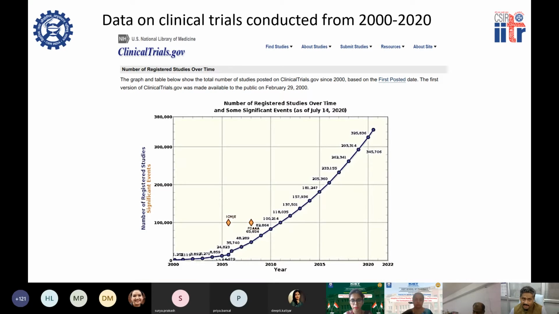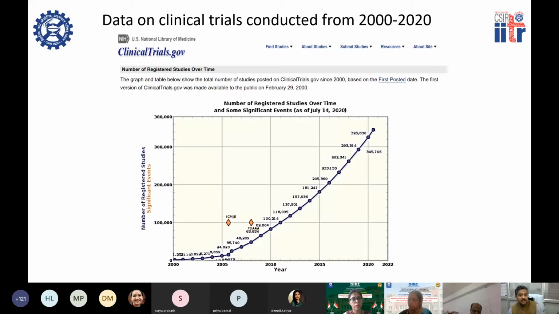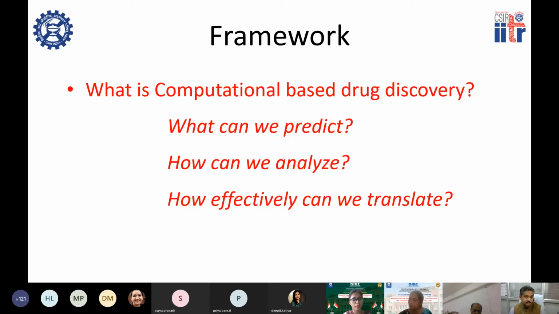When we looked at the data of clinical trials conducted between 2000 and 2020, there were more than 3.5 lakhs as of July 14. After that, there was a huge hike due to the COVID-19 pandemic. Most of the drugs in clinical trials fail due to toxicity issues.